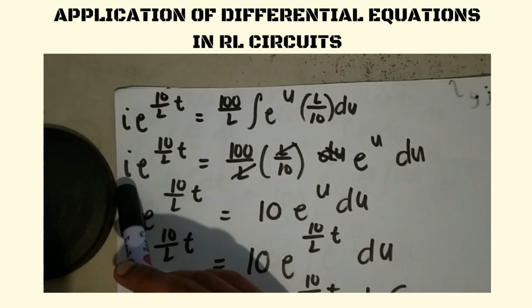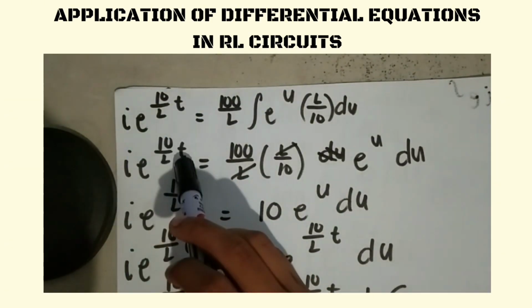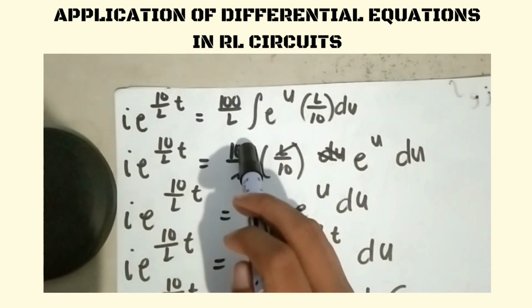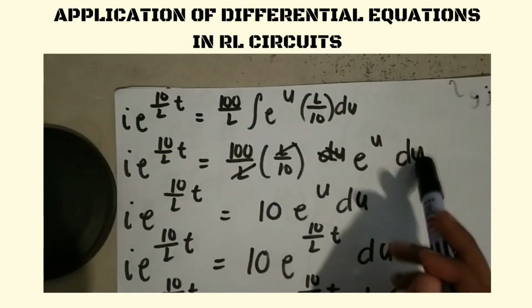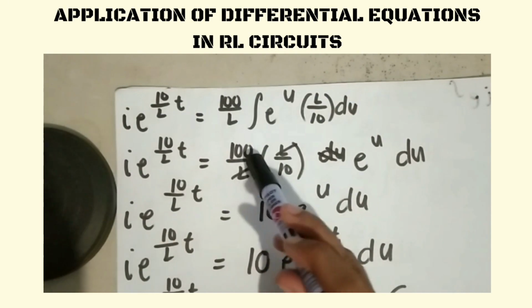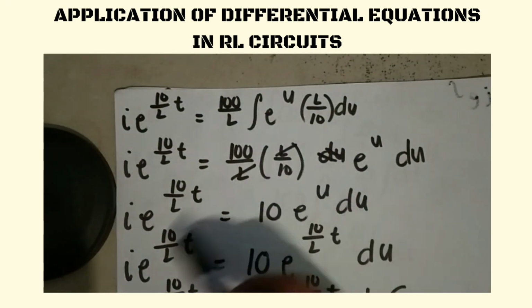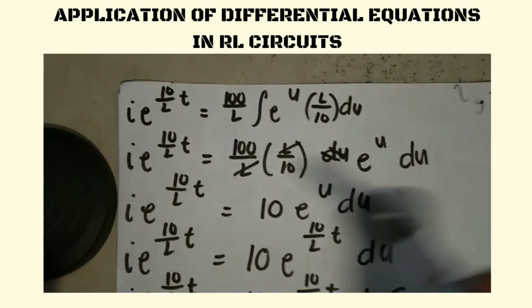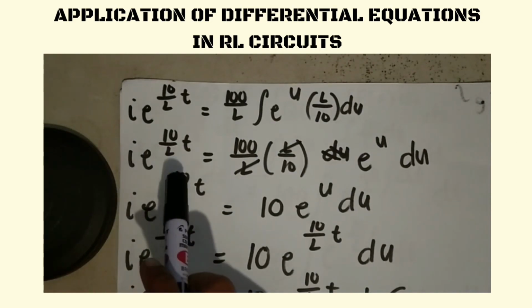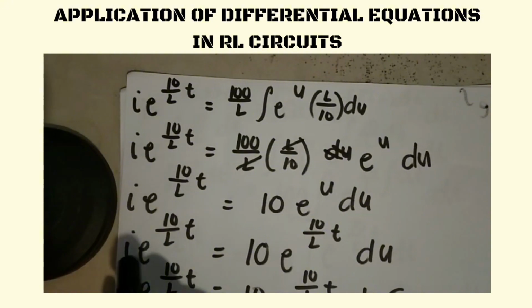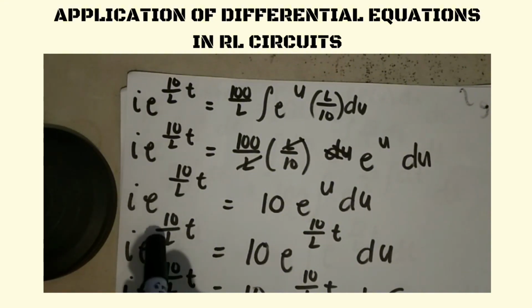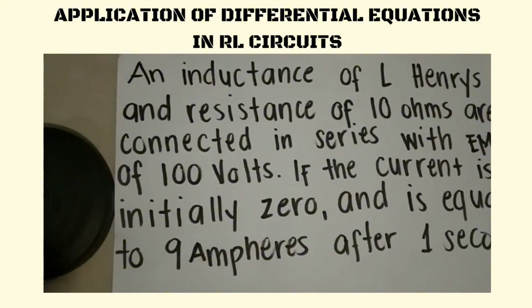So I e^(10t/L) is equal to 100 over L times L over 10 times the integral of e^u du. Let's cancel this L. Then I e^(10t/L) is equal to 10 times the integral of e^u du.